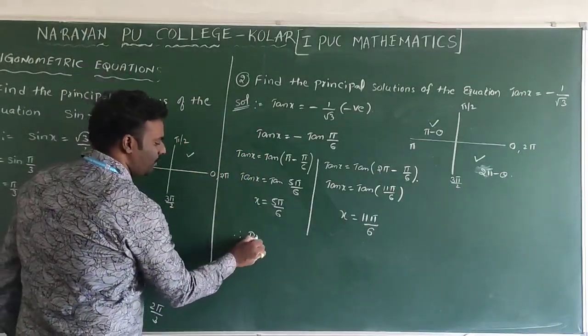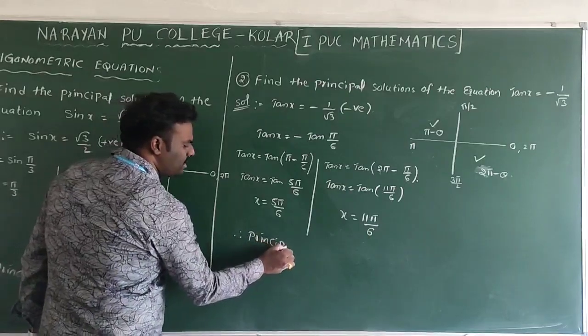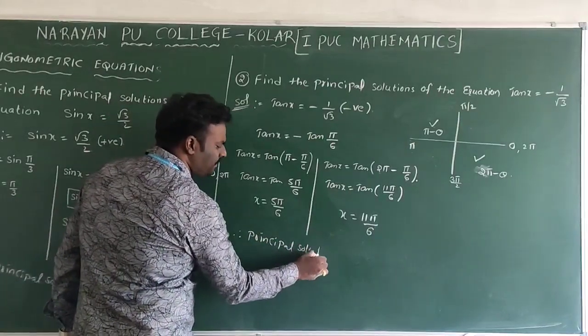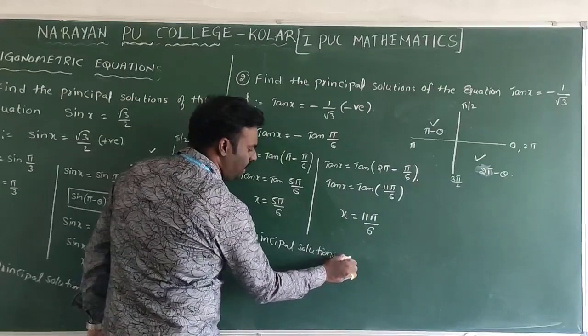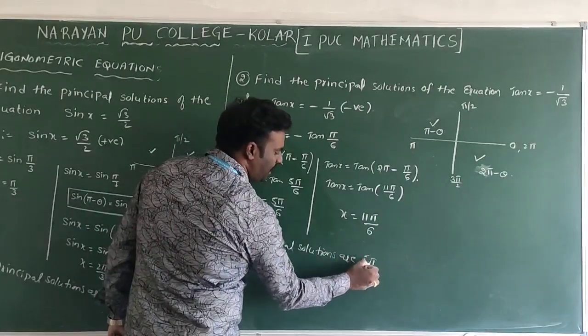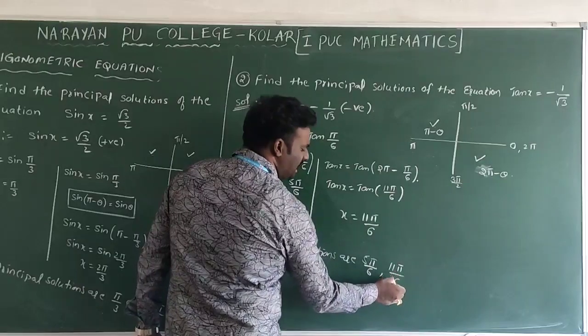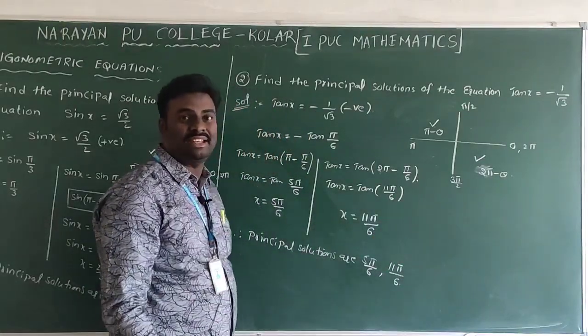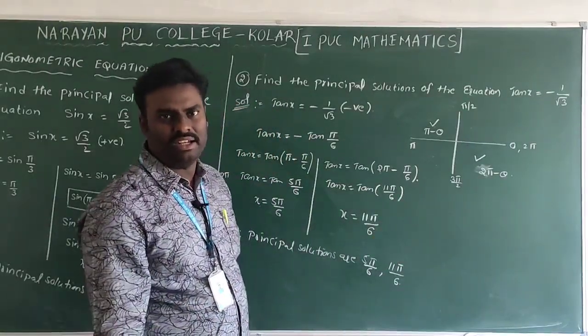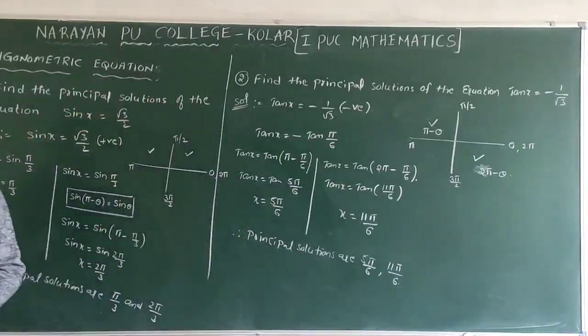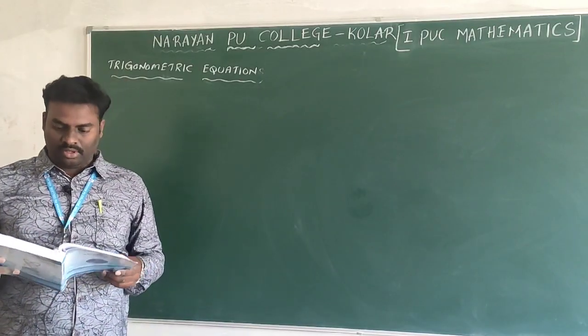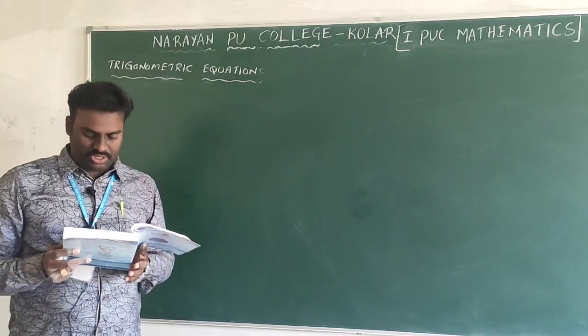Therefore, principal solutions are 5 pi by 6, 11 pi by 6. Don't confuse, here I am writing the angles in radians, not in degrees. Okay. Next question.